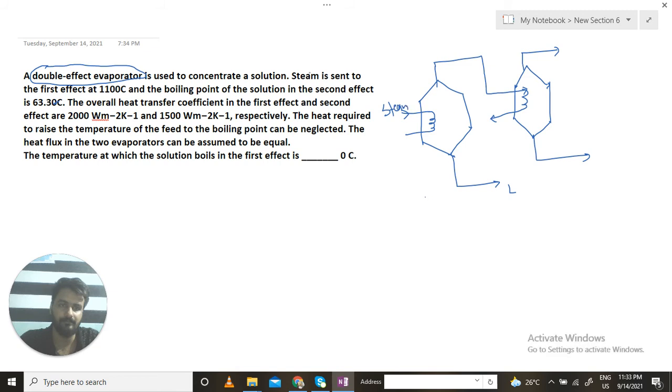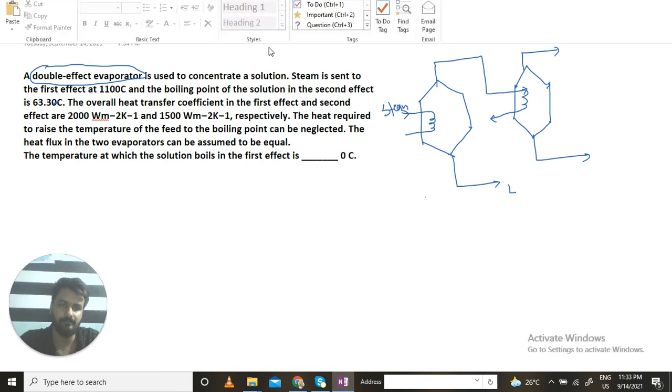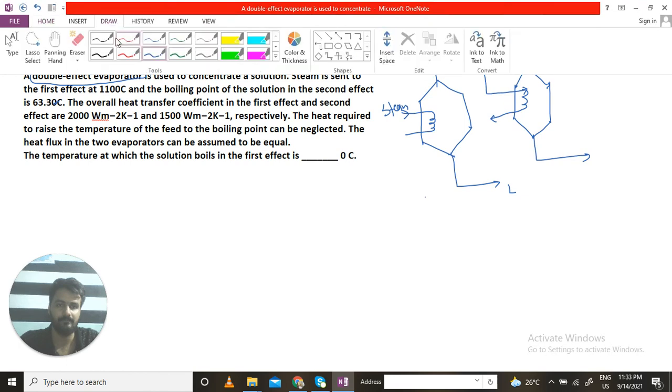This is the basic diagram that I have drawn here of the double effect evaporator.